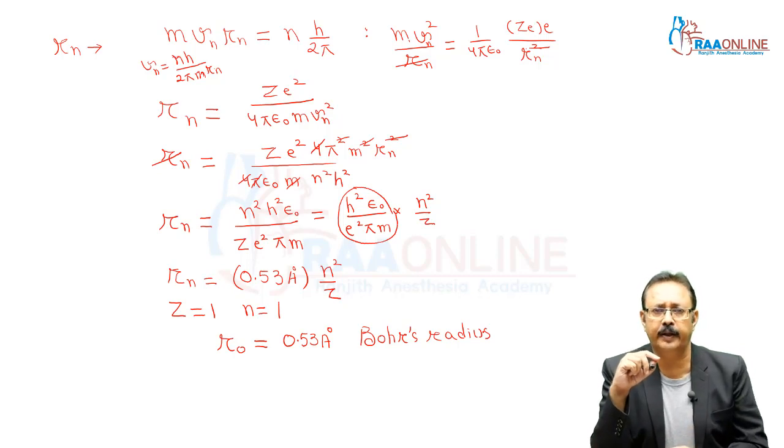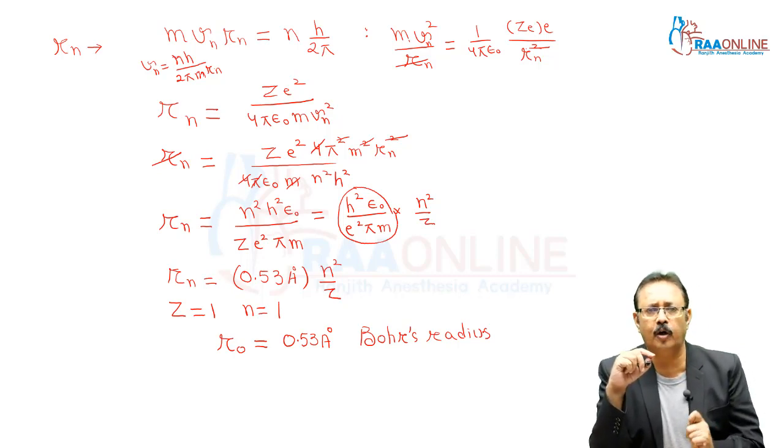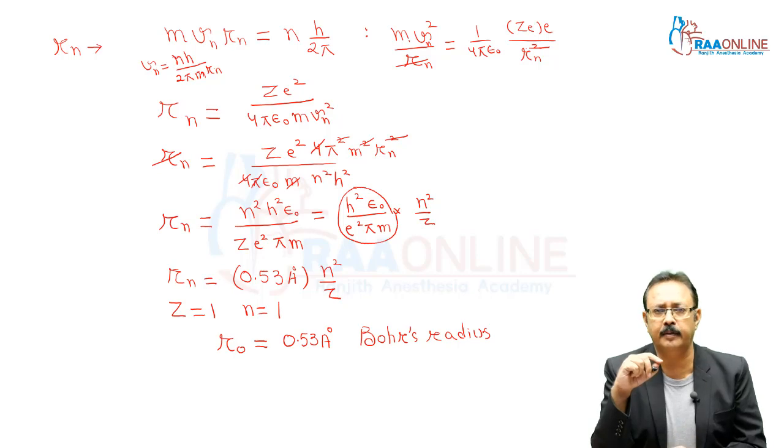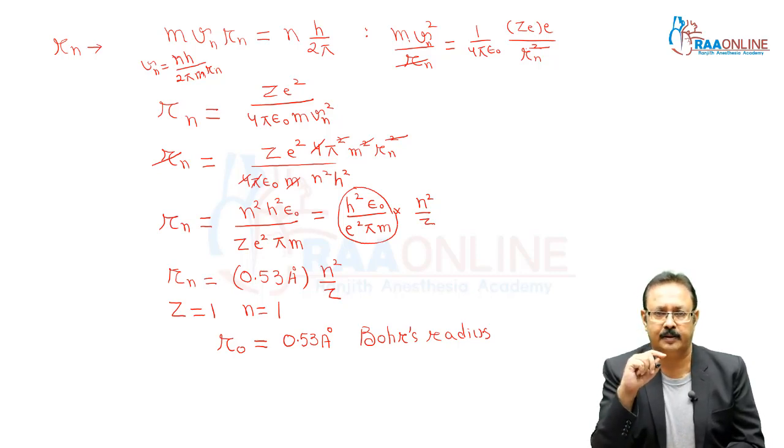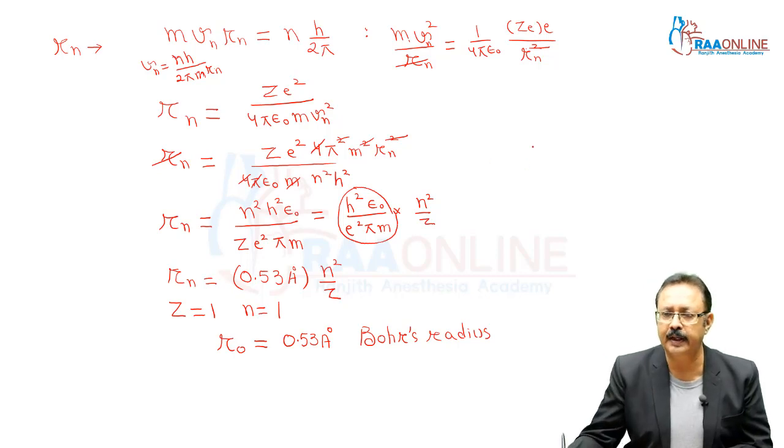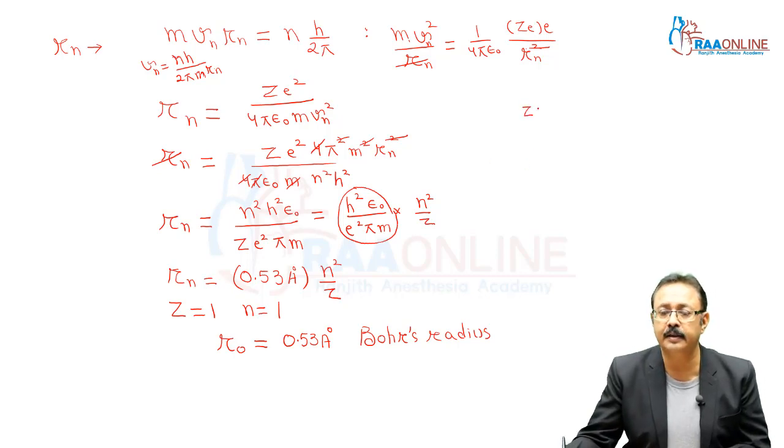Suppose you want to calculate the radius of the third orbit of a carbon atom. We know that its atomic number is 6. We want to calculate for 6C12 carbon atom.